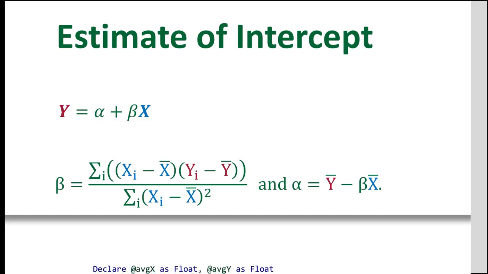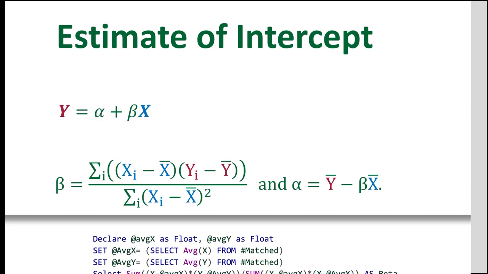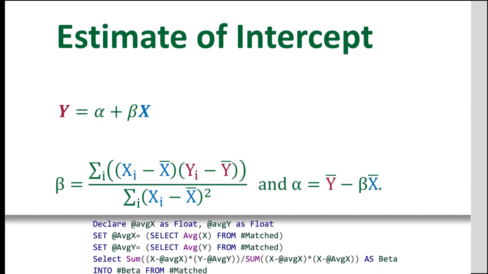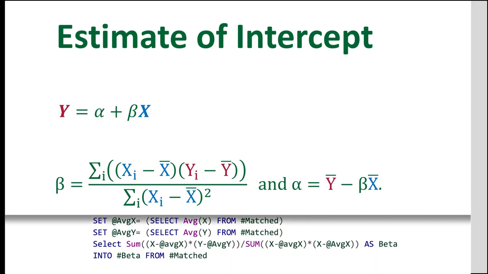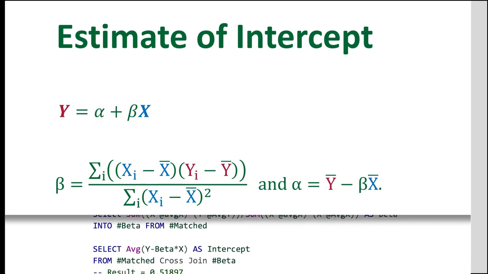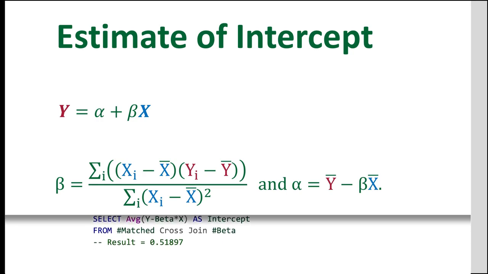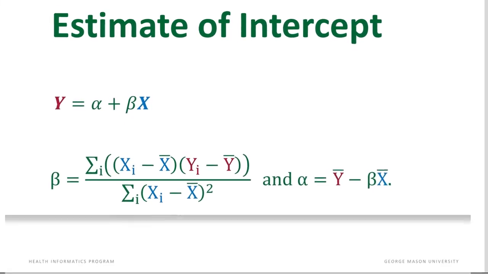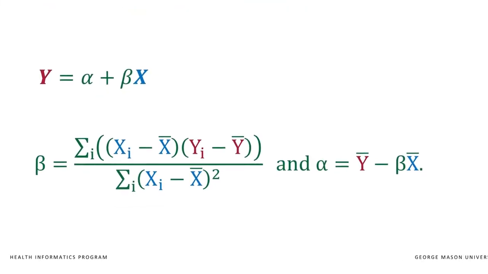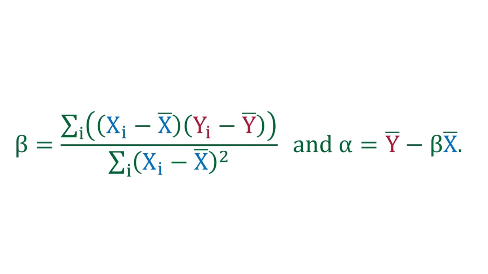In the SQL code, the intercept of the macro-level regression can be calculated without relying on any statistical package. If X is the survival at other hospital and Y is the survival at hospital A, then the regression line is Y equals alpha plus beta times X. The parameters alpha and beta in this equation can be estimated from these two formulas.